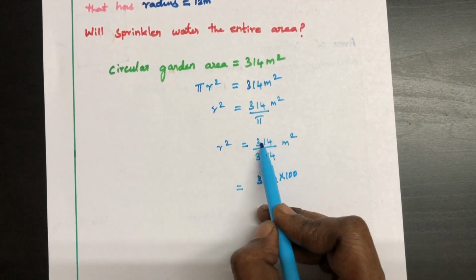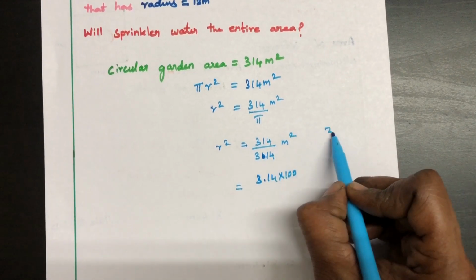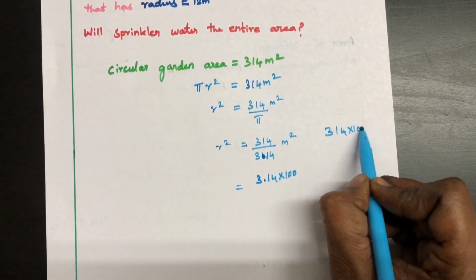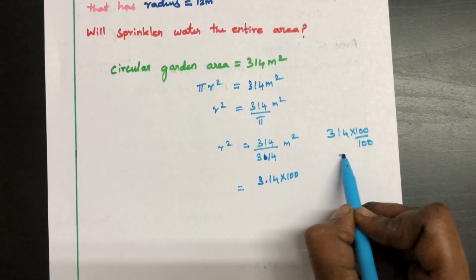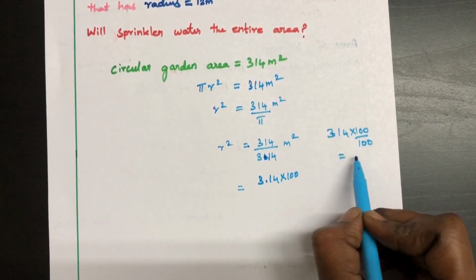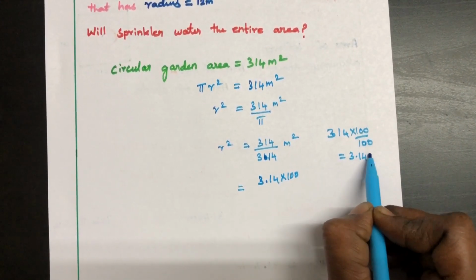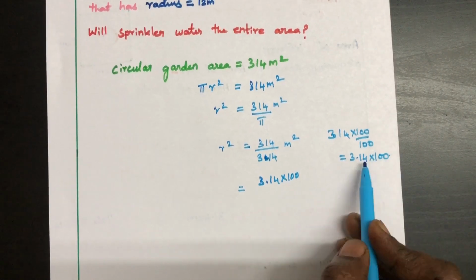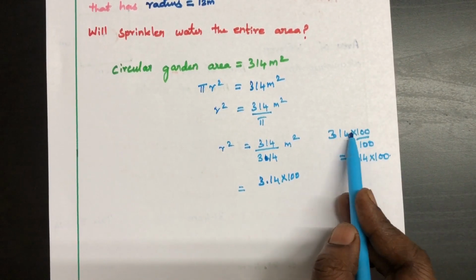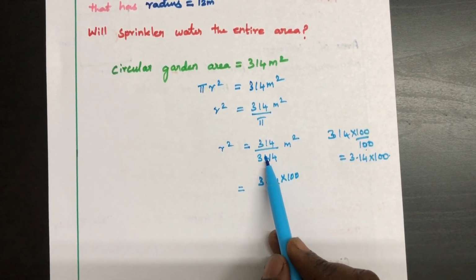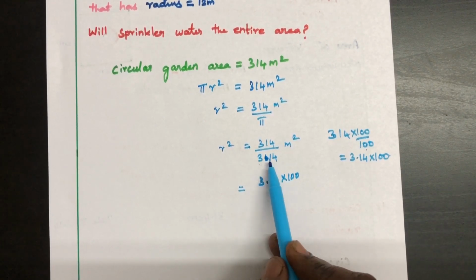If you want to move 2 points here, 314 into 100 by 100, if we divide this will become 3.14 into 100. So same thing, instead of 314, multiply it with 100 to get the same denominator 3.14.